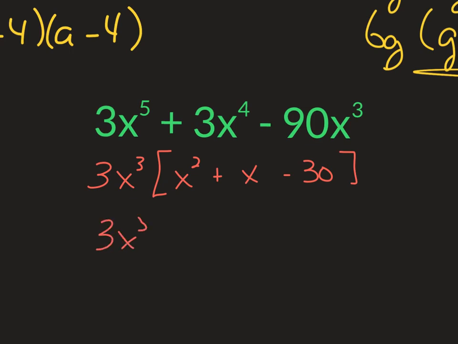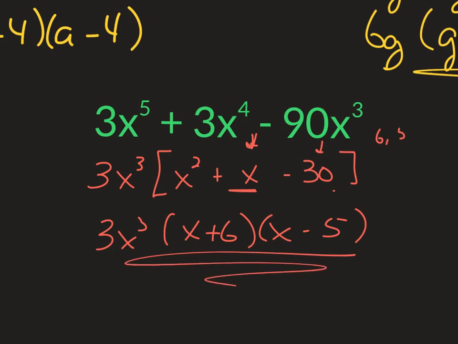Basically saying, are there factors of 30 that would give me positive 1? Factors of 30 like 6 and 5. There it is. So I'm going to say, okay, the one in the middle is positive, so I'm going to say x plus the 6 and x minus the 5, because that would give me a positive 1, and also multiply to be negative 30. And there it is. All right, factor completely.